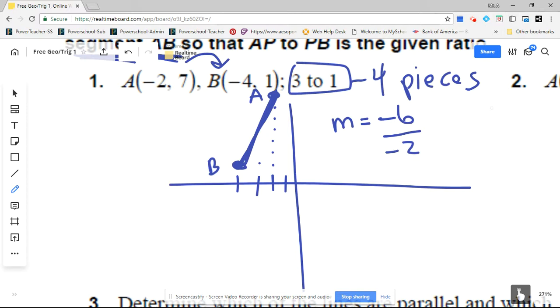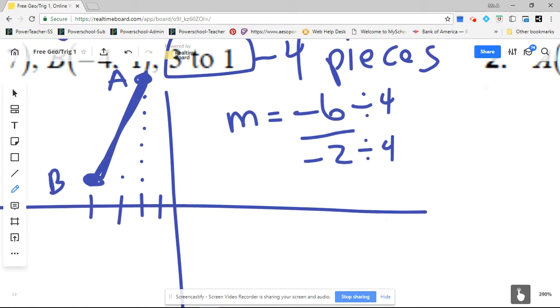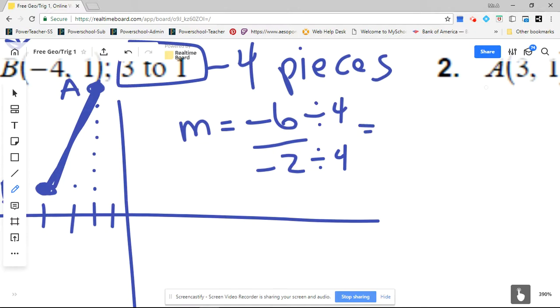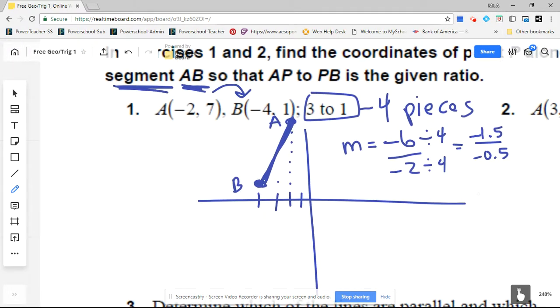Yeah, but we're going from A to B, so we're going in a negative direction. So I had to use my negative numbers. And I need to break this line into 4 pieces, so I'm going to divide by 4. If I leave it as a decimal, it would be -1.5 and -0.5. So I'm going to use that slope on my A to B.